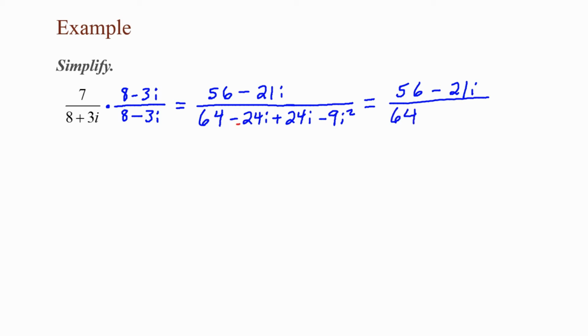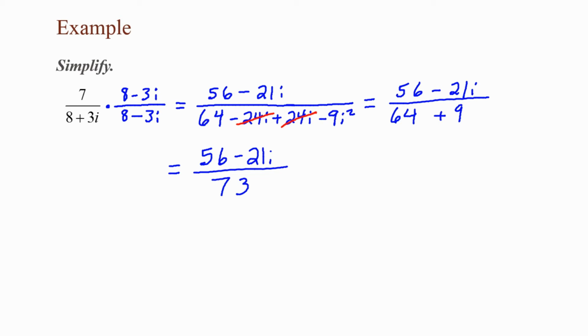Negative 24i plus 24i cancels, and negative 9i squared is the same as positive 9. Once you multiply by your complex conjugate, you may want to go straight to this step. Now I can add my real numbers in my denominator. So I have 56 minus 21i in the numerator, and that's divided by 64 plus 9 is 73.